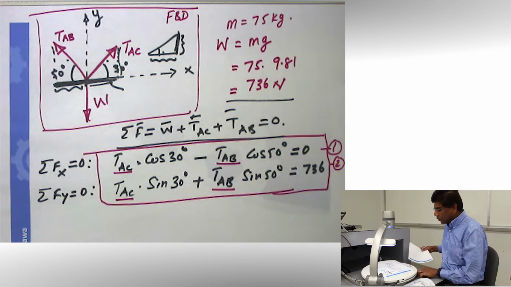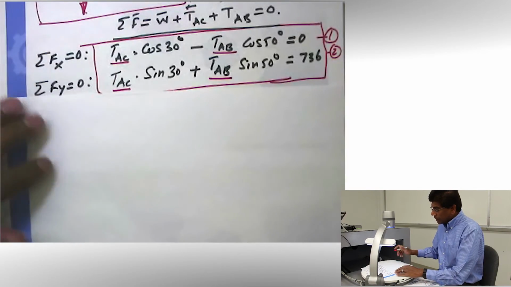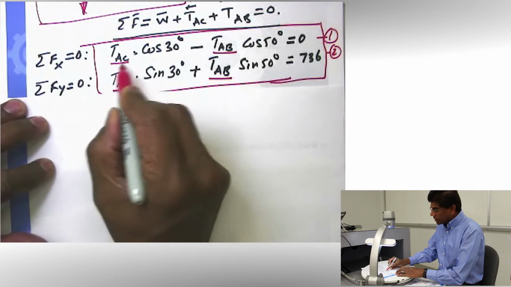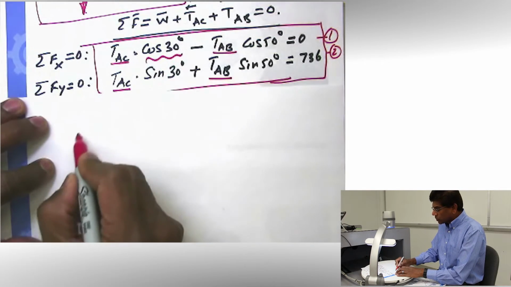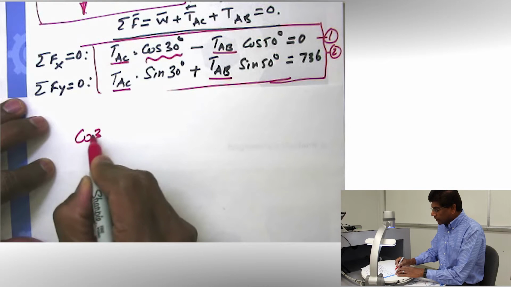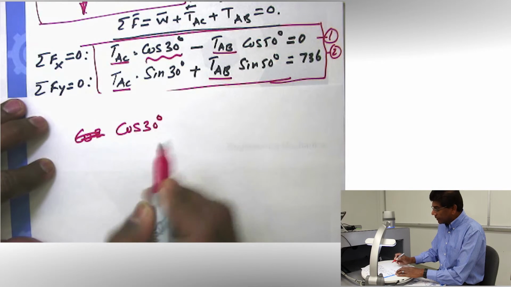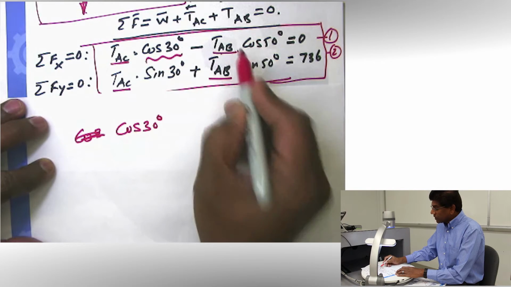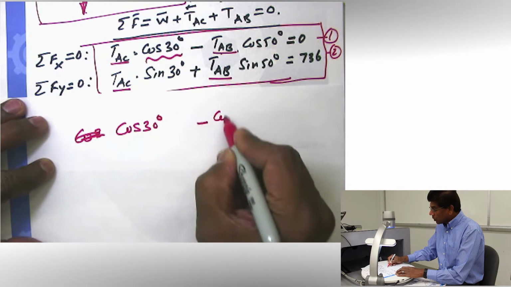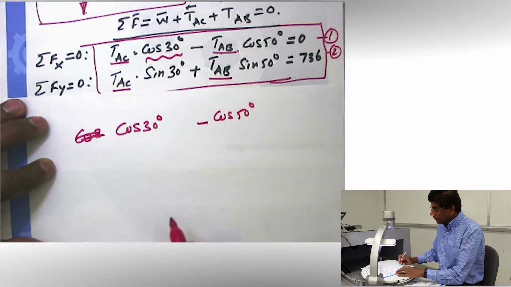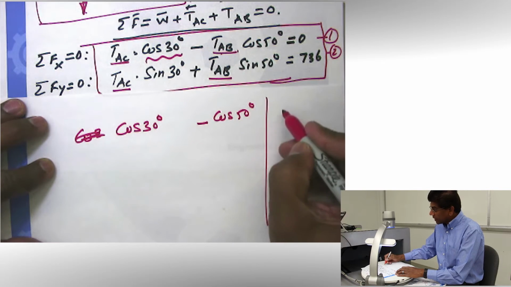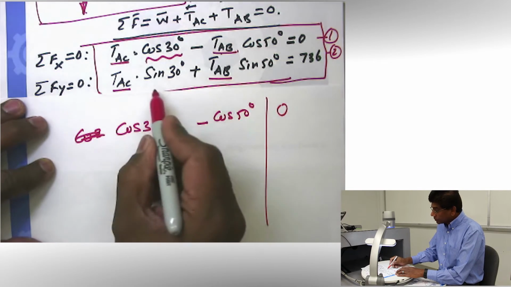Once you develop these equations, write them in a way that is very clear and consistent, and then write down the coefficients. In this case, TAC's coefficient is cosine 30 degrees. And then the coefficient of TAB is going to be negative cosine 50 degrees. And then the right-hand side of that equation is going to be 0.